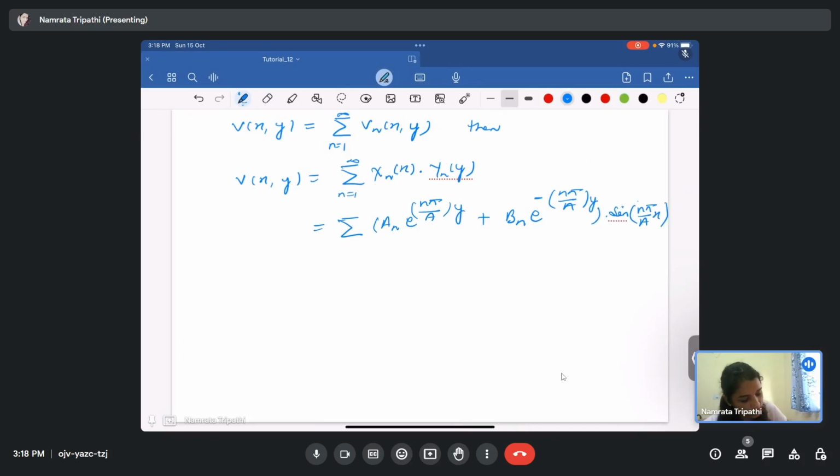Fine. So this is the solution for v(x,y), but we have to find the constant terms an and bn by using the rest of the boundary conditions.